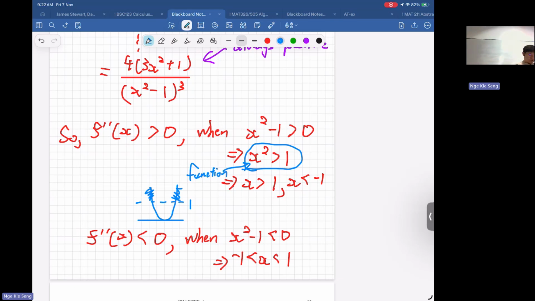But maybe it's more convenient to look at the first one here. Do you know how to draw the left-hand graph? It has roots at minus 1 and 1. Then you ask, what x do you take to have a positive x squared minus 1 value? Those are x less than minus 1 or greater than 1. Make sense?